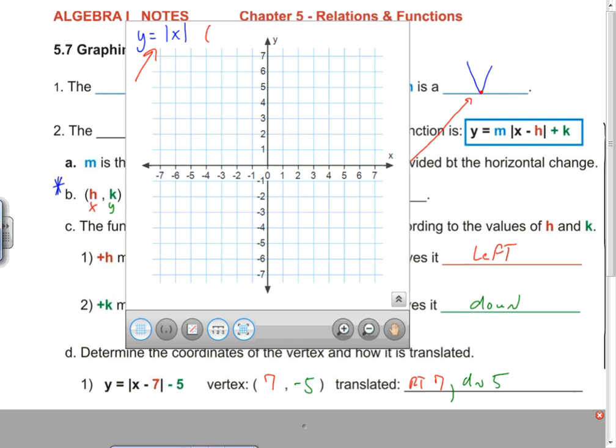This isn't the one we just did. This is the base absolute value function. What's the value of h? Does anybody see an h anywhere? If you don't see it, its value must be 0. Very good. What is the value of k?